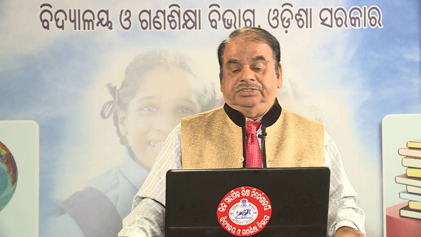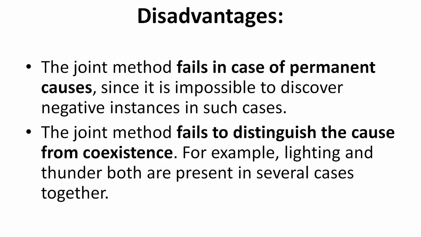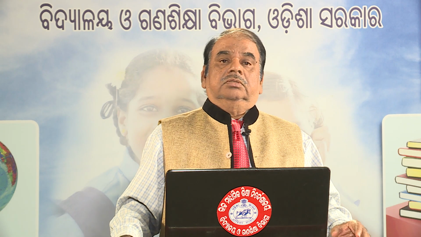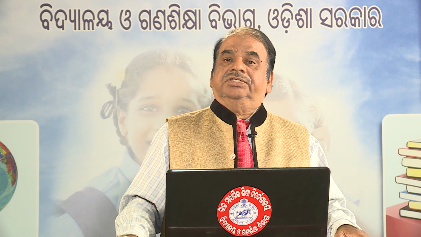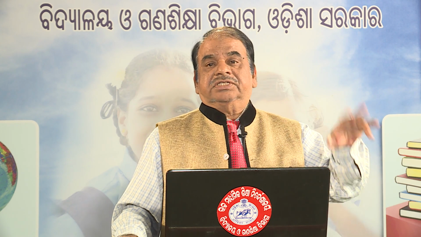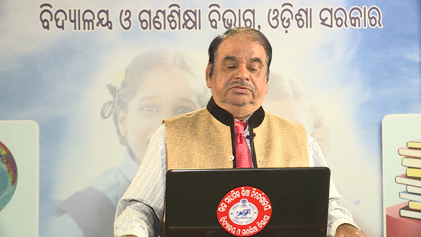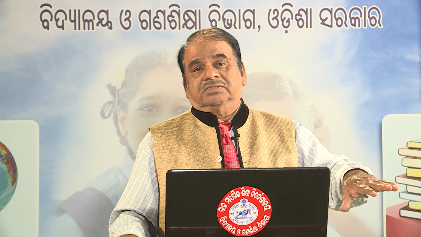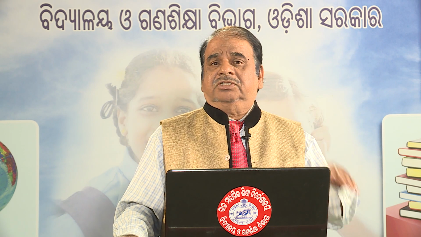Now, the second point of disadvantage is that the joint method fails to distinguish the cause from coexistence. We know that coexistence cases are cases where two phenomena are present simultaneously, and since they occur simultaneously, they will also be absent simultaneously.